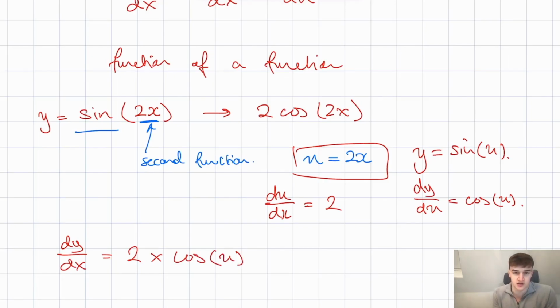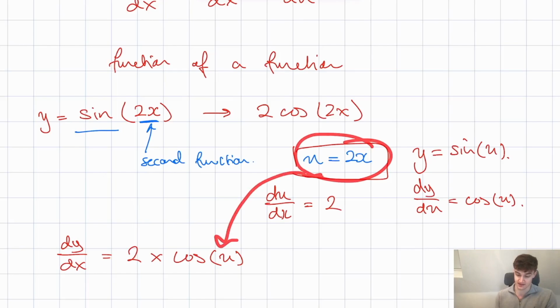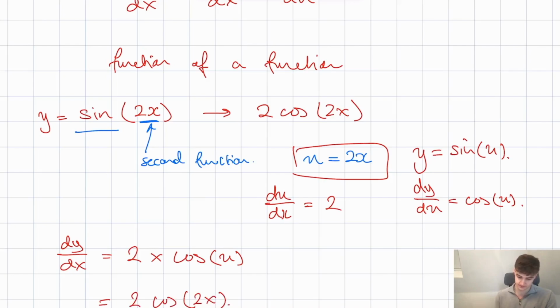But we obviously don't want to leave it in terms of u. We've just made that up ourselves, remember? There was no u before we started this question, so we'd better put the 2x back into here. So this is 2 cos of 2x, which is exactly what we expected, because you already know how to differentiate sine of kx.